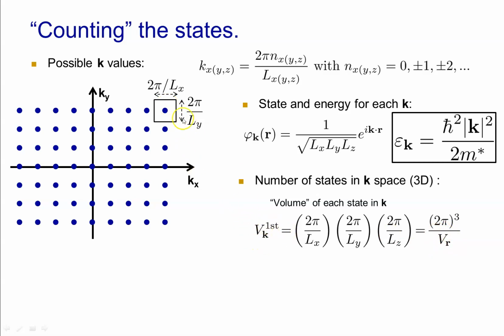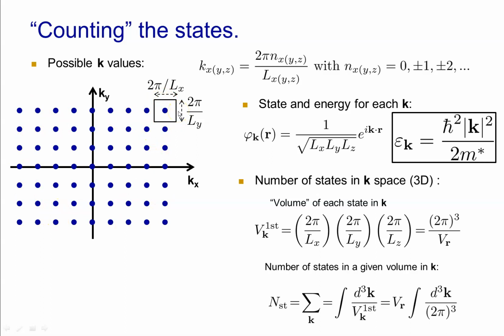So this is the volume for one of such states, but I have many of them. I have to add the volume here in k space, and I know the volume of one, so if I have a volume here in k space, I can count how many states are there just by dividing the total volume by the volume of each state. So the number of states will be precisely that. For a given volume in k space, the number of states will be the integral d3k over this volume, divided by the volume for each of the states.